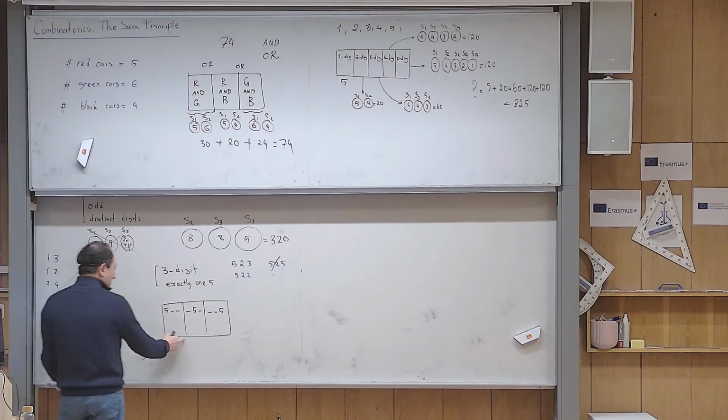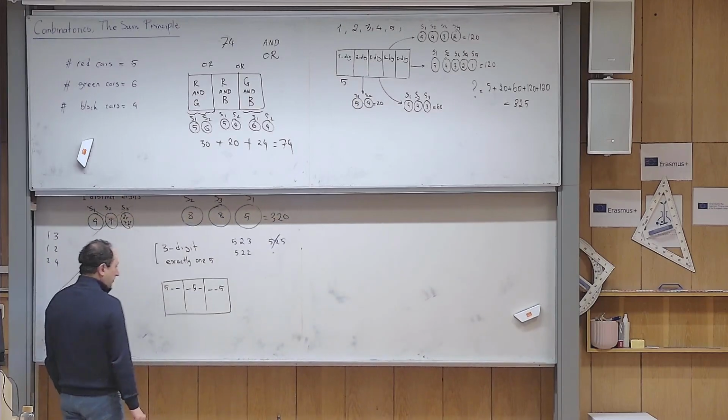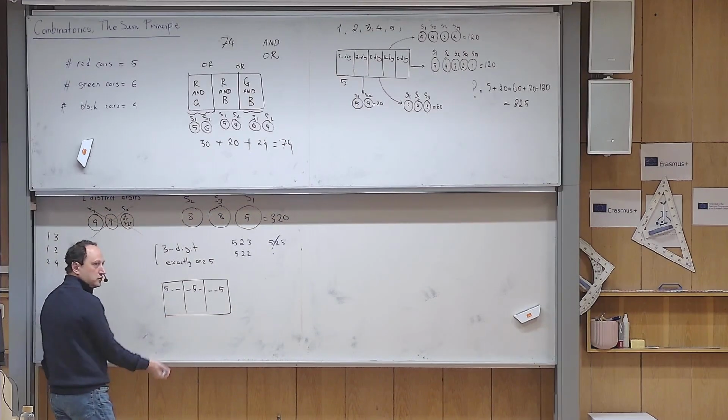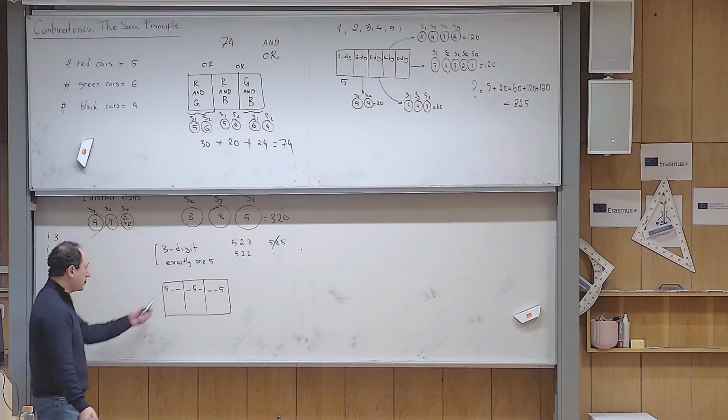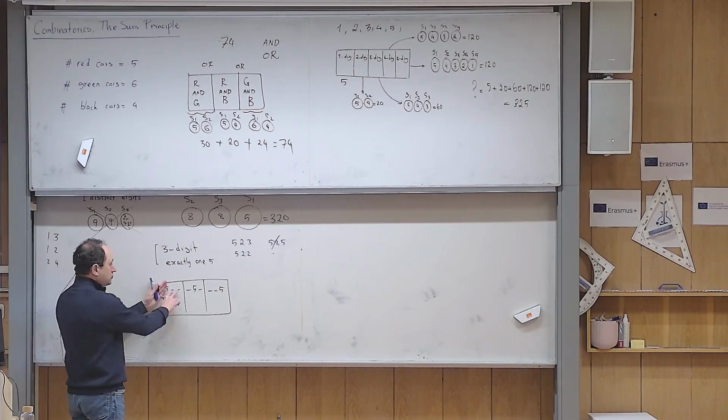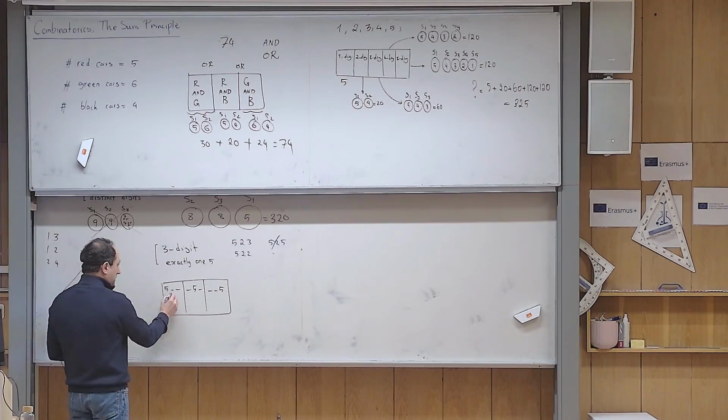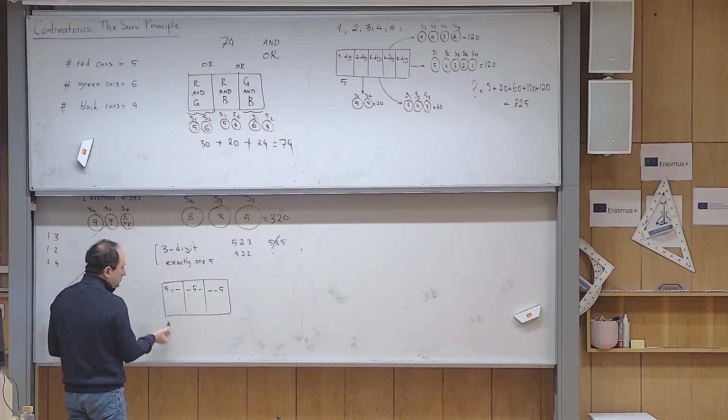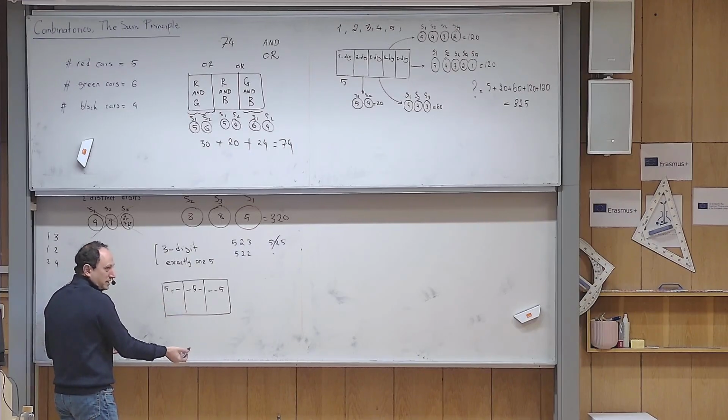Okay, but for this one, there are only 2 stages, because 5 is already there. So my task is to decide about these 2. Let us say this is stage 1 and this is stage 2. You can write it in 3 stages, but in principle it is 2 stages.